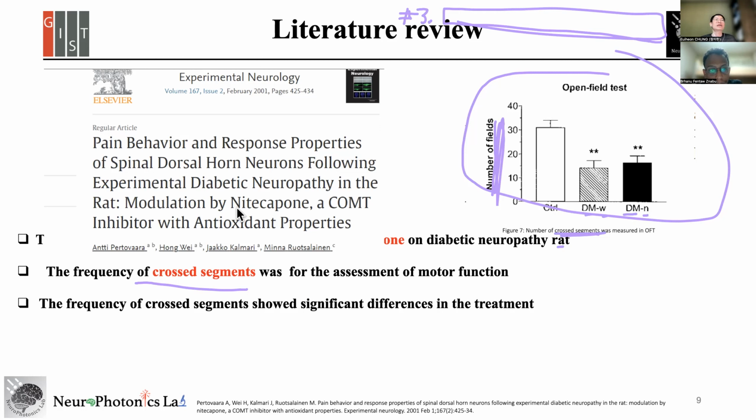Modulation by nicapone, this N, antioxidant property. What is this W? This one is the diabetic neuropathy without treatment. Okay. And is treatment? Yeah, it improved.